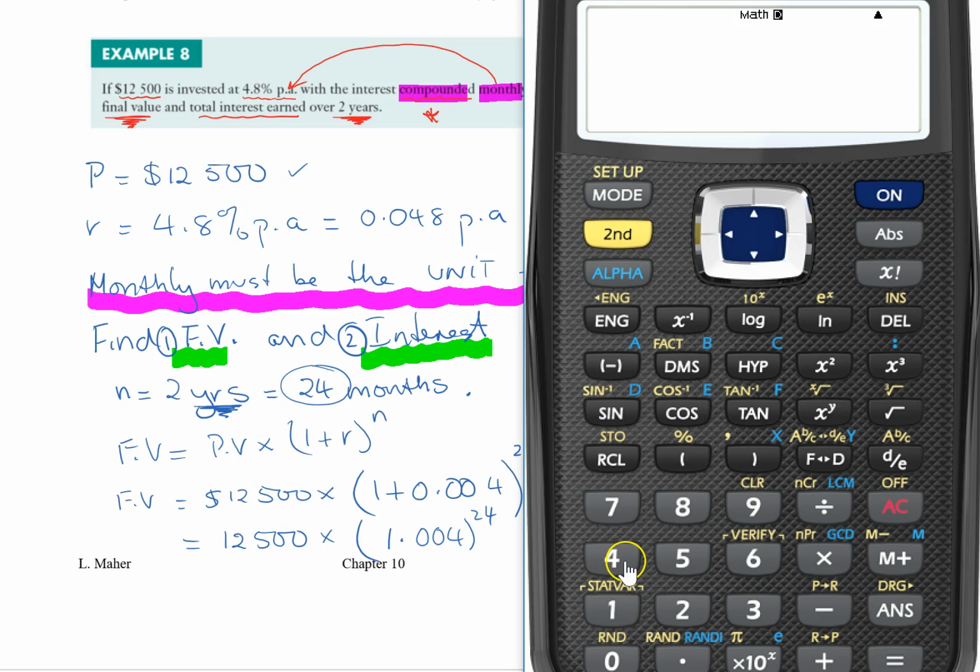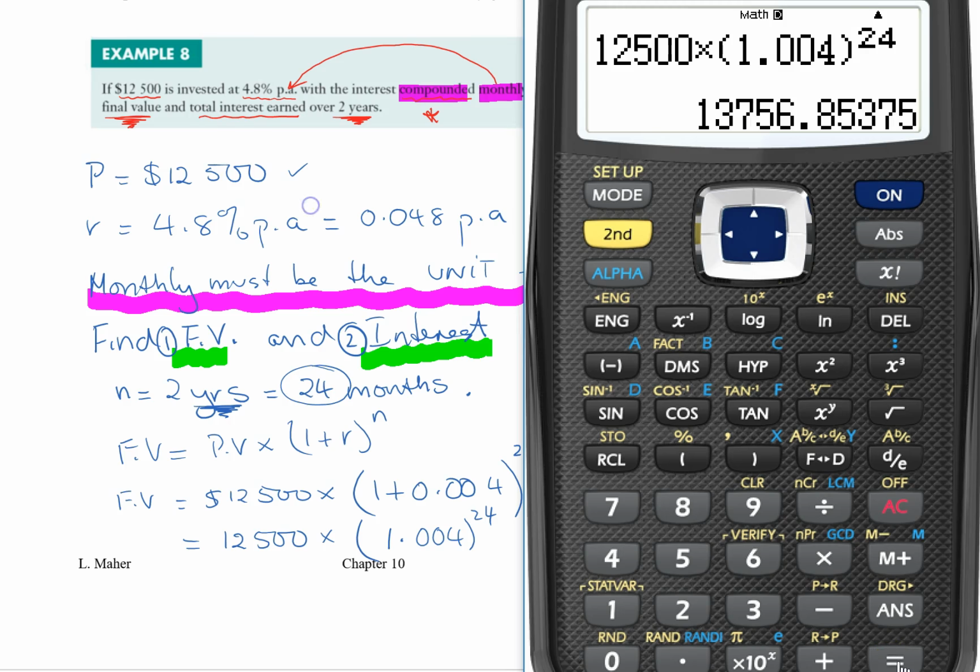So I've got 12,500 times bracket 1.004, close the bracket, x to the y is the key you use there, to the 24 equals 13,756.85.